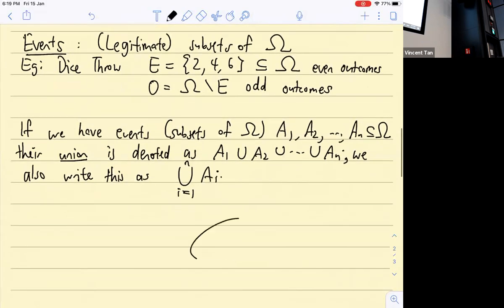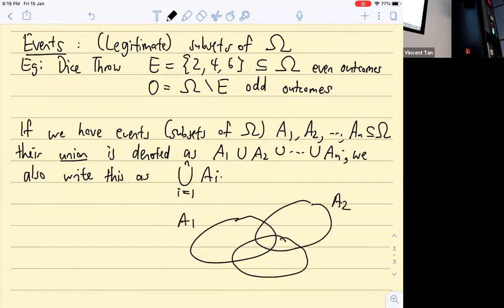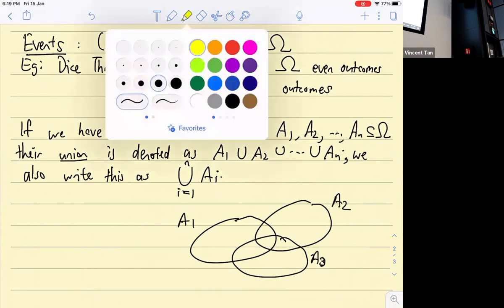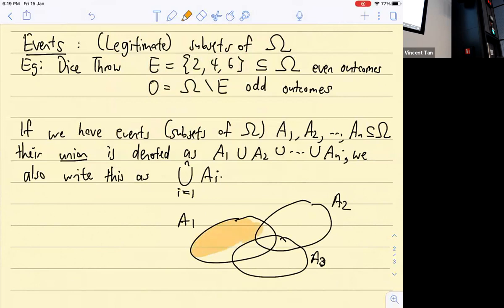The picture is as follows. If you have A1, A2, A3 here, then the union is basically, just to remind you, everything colored. One good thing about teaching like this is I don't have to worry about my markers going out of ink. So this colored region is A1 union A2 union A3.